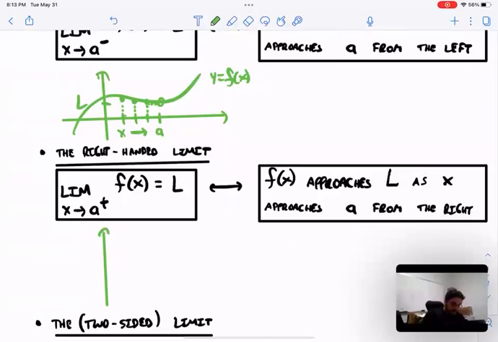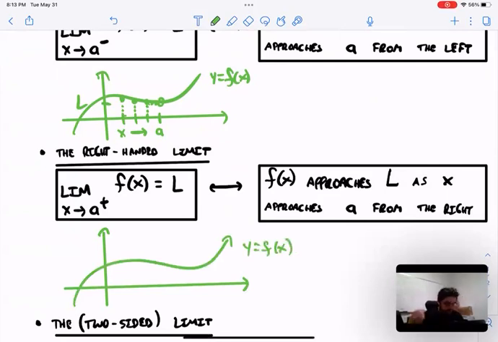So you could have, again, some function, y equals f of x, which is some random graph, although I guess my two random graphs are sort of the same, not so random, and some not so random value a, which then we have x approaching a from the right.